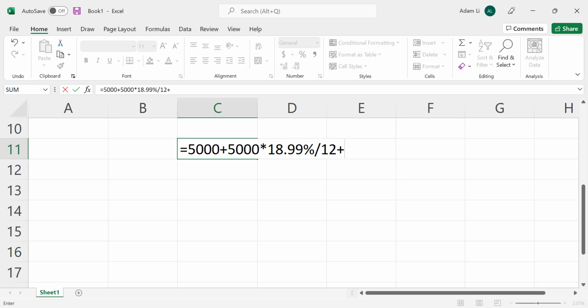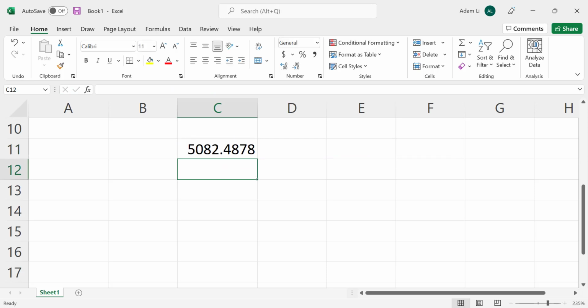Adding the new charge $425, you gotta pay half of the monthly interest, 18.99% by 24. And then combine all those 3, that will be the new statement balance.